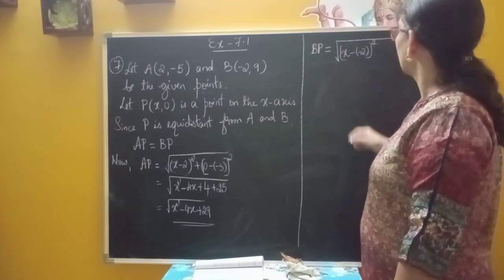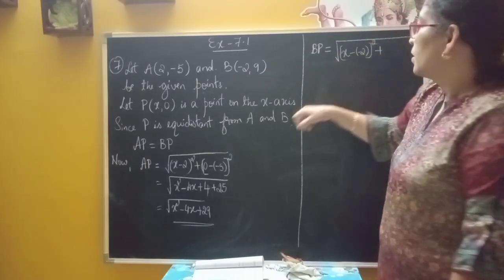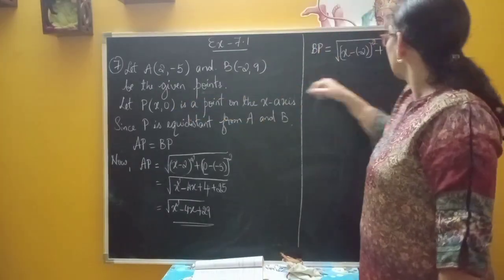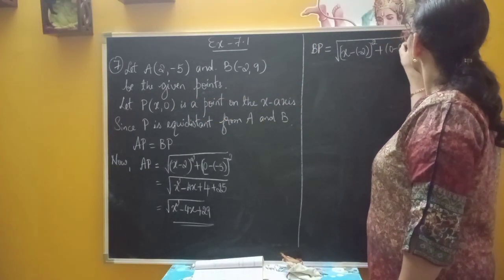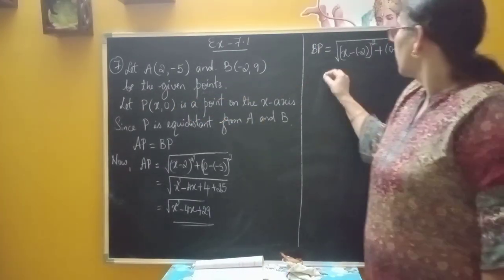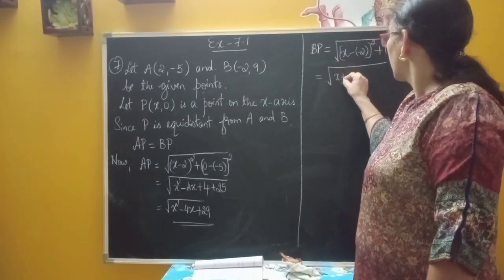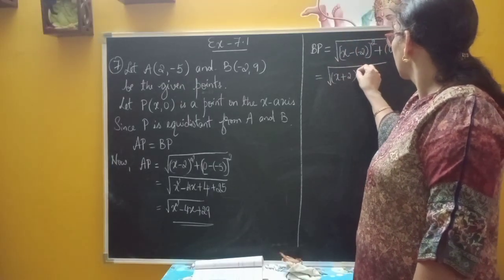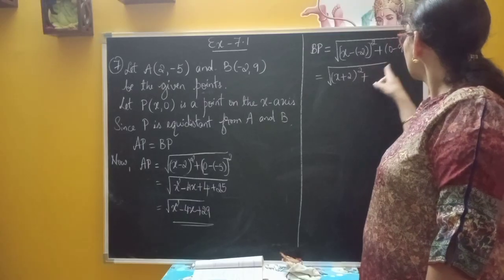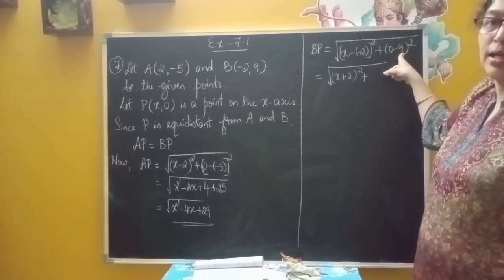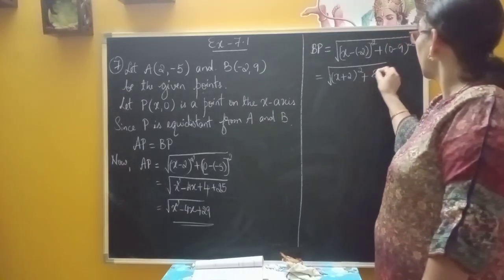So x plus 2 whole square plus 0 minus 9 whole square. So this is equal to x plus 2 whole square plus minus 9 whole square, and minus 9 square is 81.